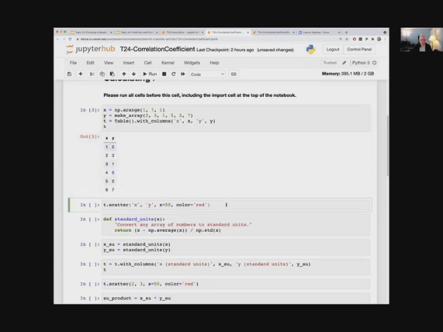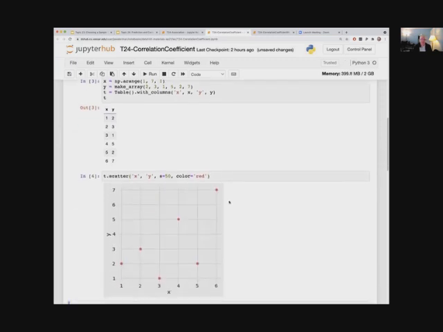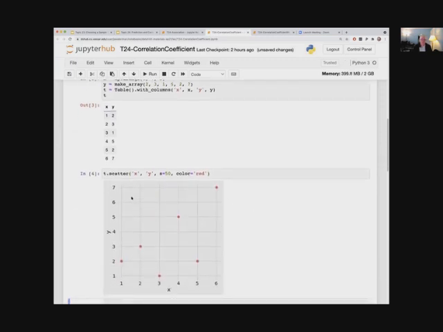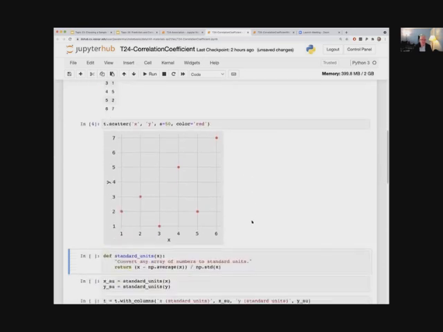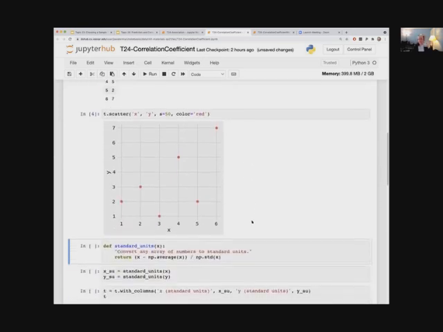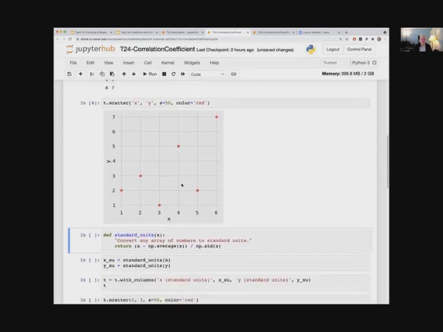Here I'm just going to show you, take a look at the scatter plot of that. And you can see the data here. Remember, the first thing we want to do is convert, because this is in our regular data units, whatever that is, to standard units, which is basically unitless.